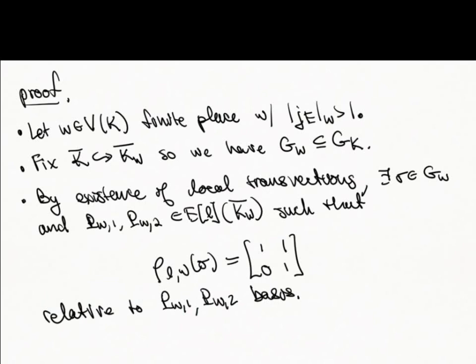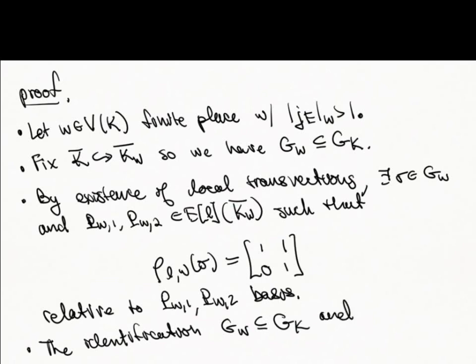Okay, so the identification. It's just really simple. So it uses the fact that we have D_w inside G_K, and the fact that the torsion is algebraic, really.